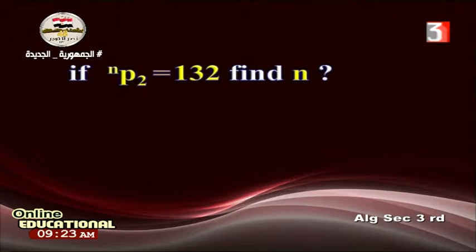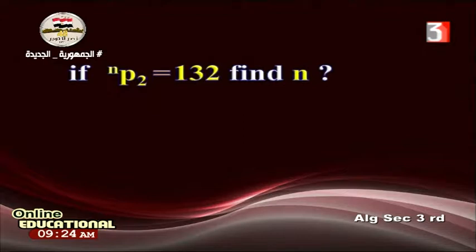what are the two consecutive numbers whose product is 132? It is very easy. It is 12 times 11. Then 12 times 11 means nP2 equals 12P2.